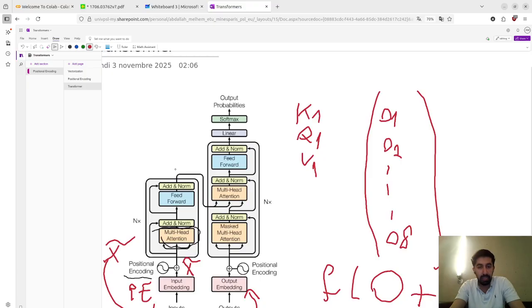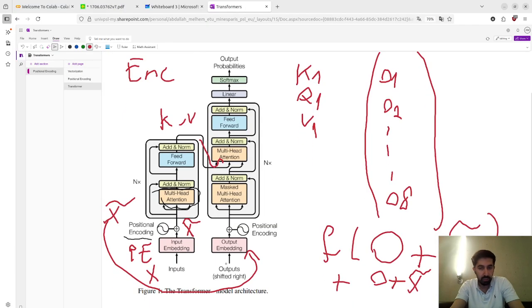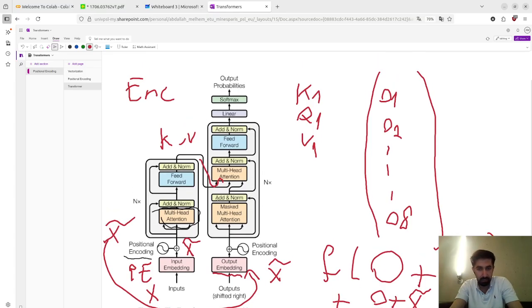And now we take the output here, so this is the encoder. We take the output of the encoder as the key and the value over here. And then we're doing cross attention. Then here, we take our input x bar, we add positional encoding. We do masked multi-headed attention. I'll explain what masked is in a bit.